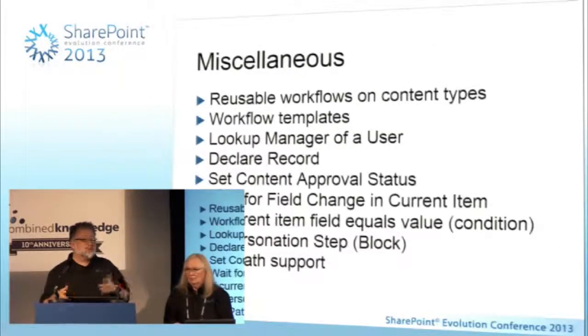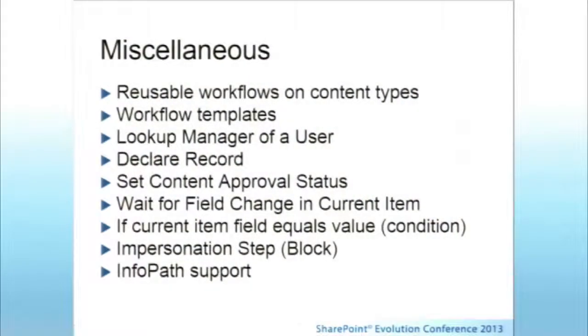And there are other miscellaneous things, like being able to do a reusable workflow on a content type. They just didn't have time to implement that. A reusable workflow on a list item or a document library, no problem. But if you care about content types, you can't do workflows on content types in the new engine. Have to stick with the old engine for that.